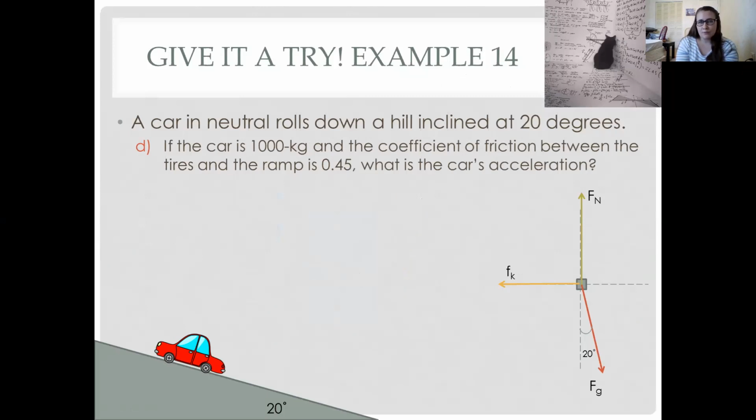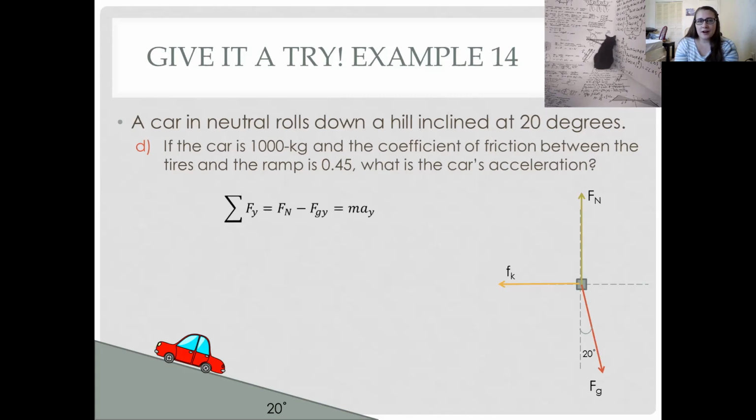Florida is really flat. The only hills are causeways or bridges. But if you live in a really hilly place, and you put your car in neutral, it's eventually going to start rolling down the hill. So there will be an acceleration even though we're not forcing the car forward. It's just in neutral.